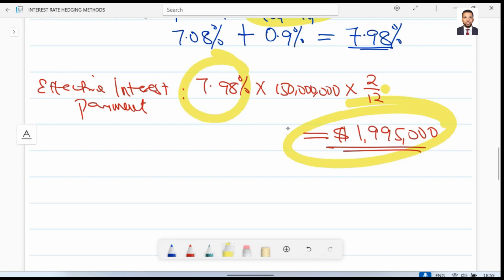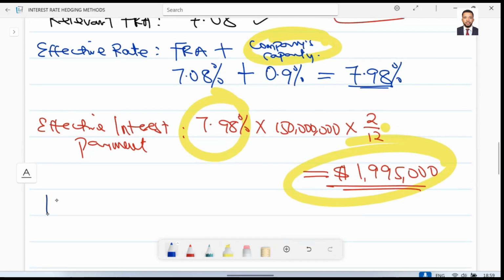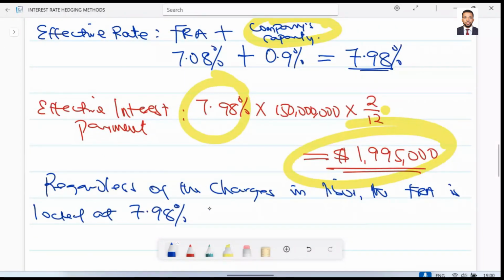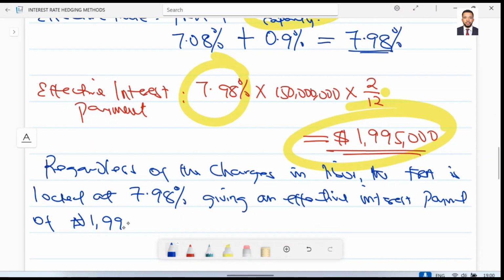If the question is just asking you to advise them on what to do, what I will just say is that regardless of the changes in LIBOR, the FRA is locked at what rate? 7.98%, giving an effective interest payment of how much? 1,995,000. Is it not? Because it's actually locked in already. Are we good?